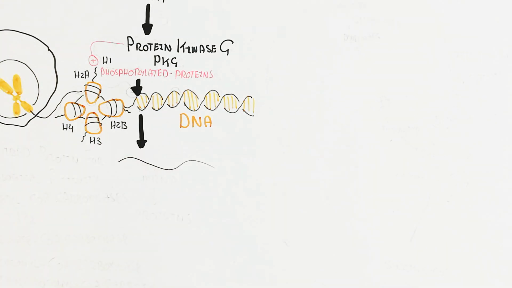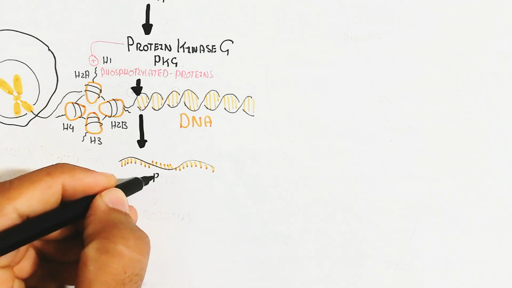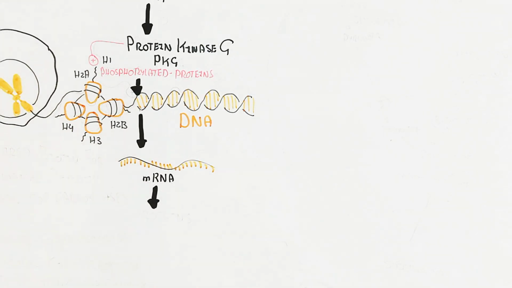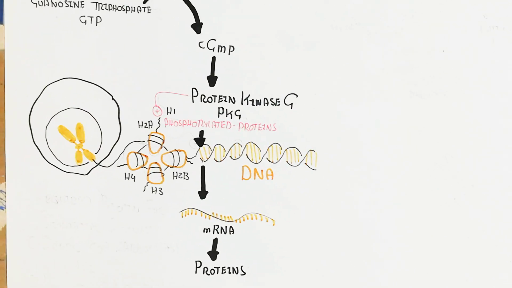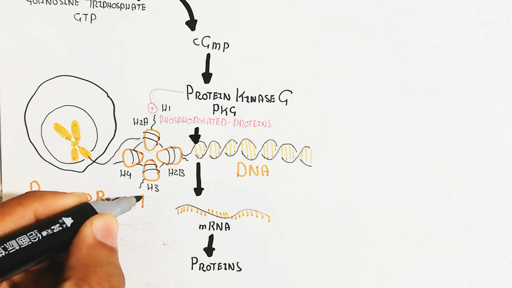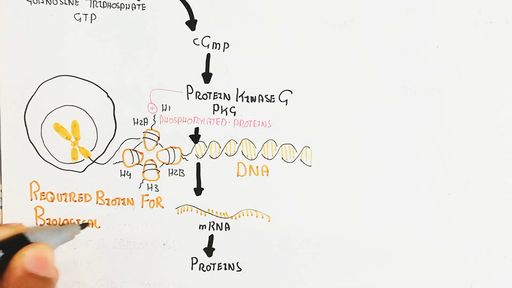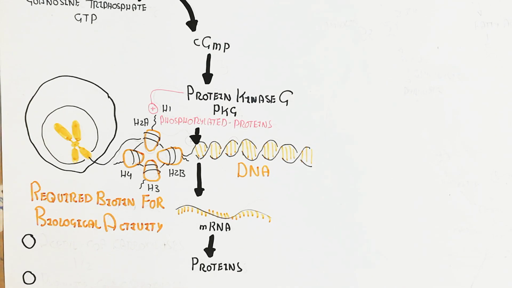In this way, certain genes are activated or silenced, leading to messenger RNA production, and the specific required proteins are produced. These can be, during or after exercise, the actin and myosin synthesis requirement. So in this way there is more synthesis of that protein.